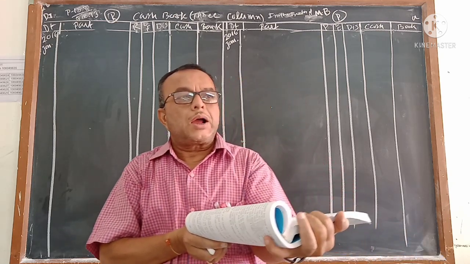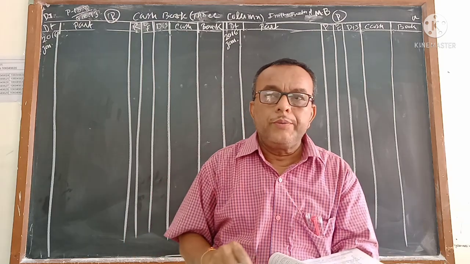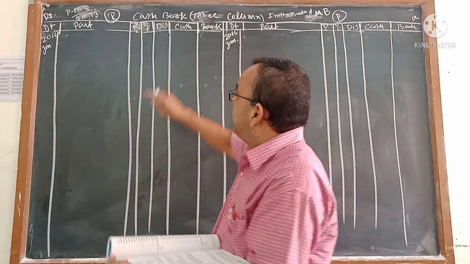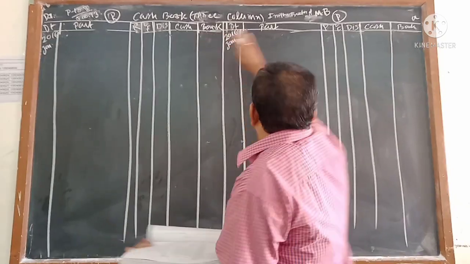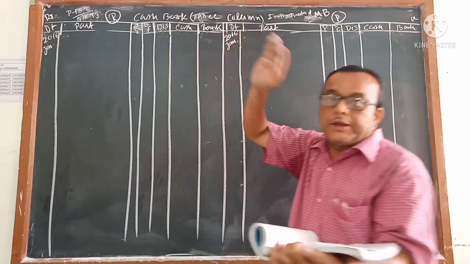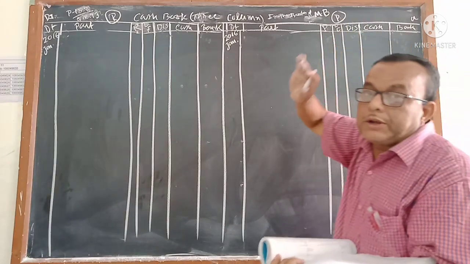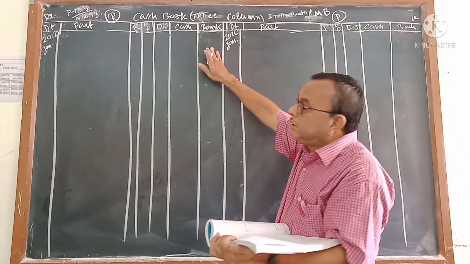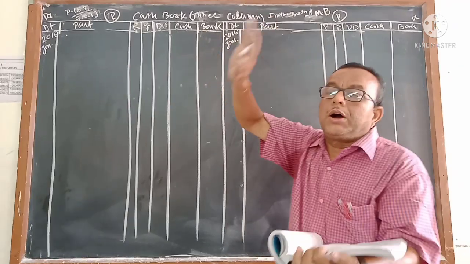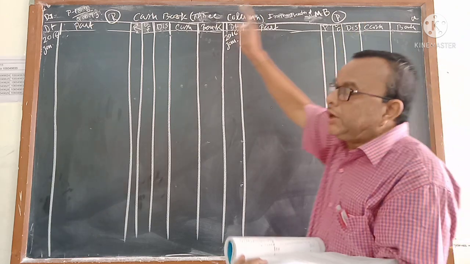Regarding the opening bank balance, I want to remind you, it may come in the debit column or the credit column. If overdraft or credit balance is given, then you will write here. If overdraft or credit balance is not given, then you will write here. And the opening cash balance will always come on the debit side.